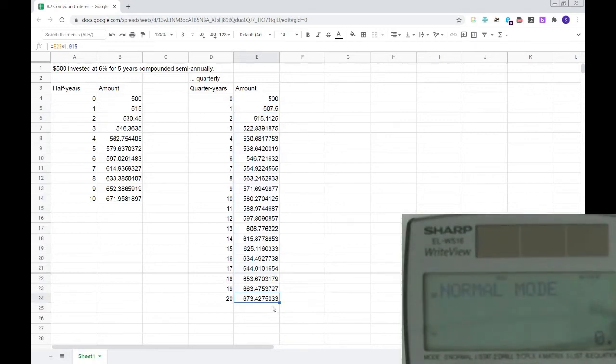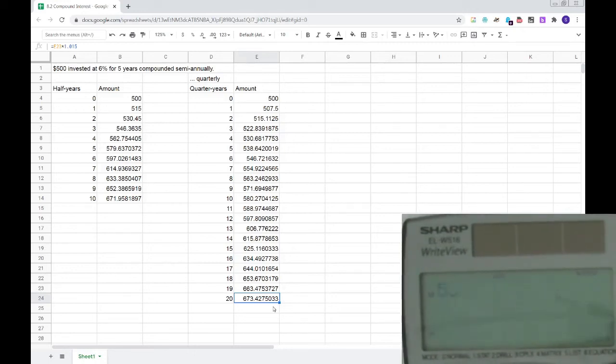So again, on the calculator to review, so what I had done is use the same idea.